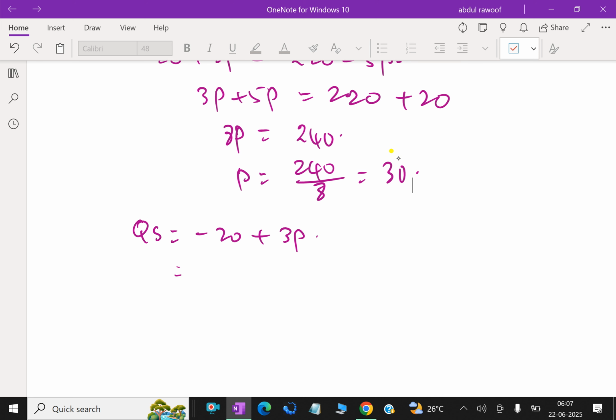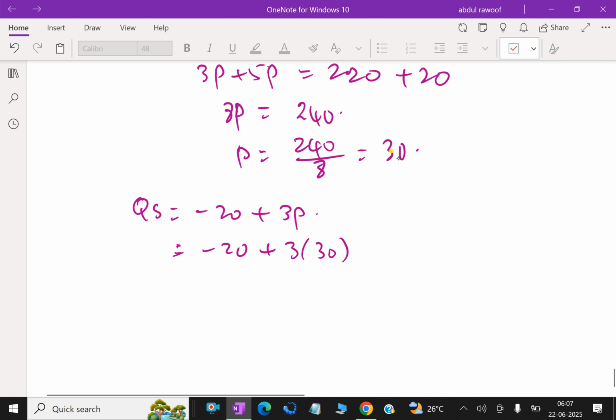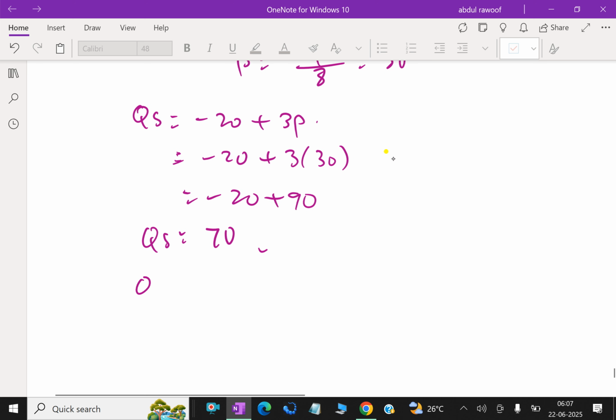Now substituting the value of P here, minus 20 plus 3 into 30, which is minus 20 plus 90. Therefore, Qs equals 70. Quantity supplied Qs and quantity demanded Qd are both equal to 70 because at equilibrium they are equal.